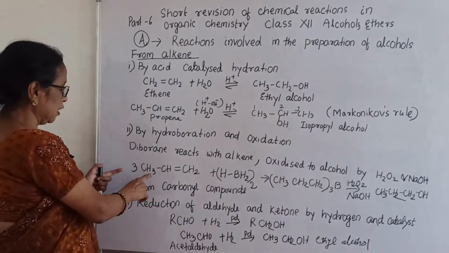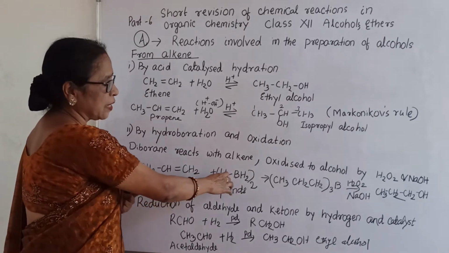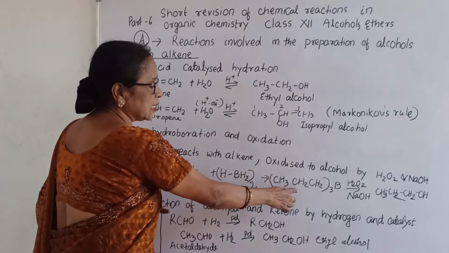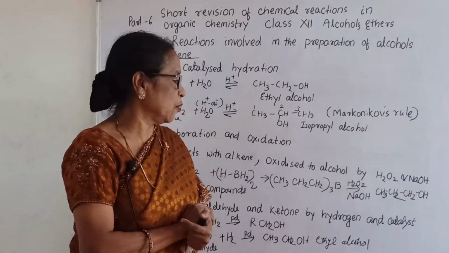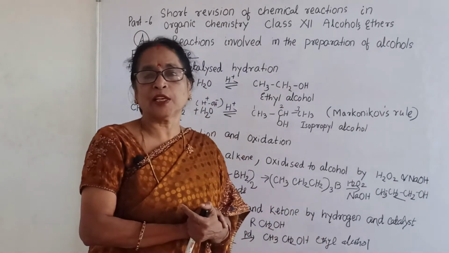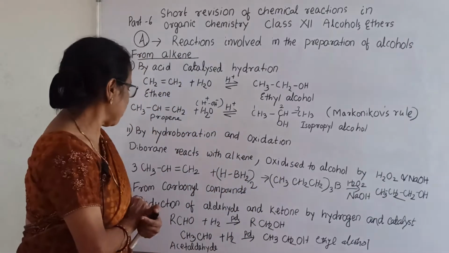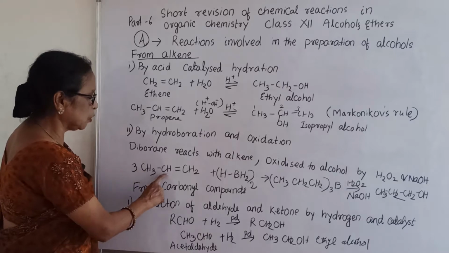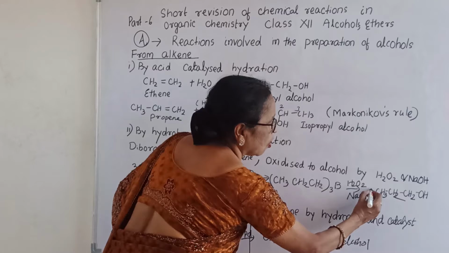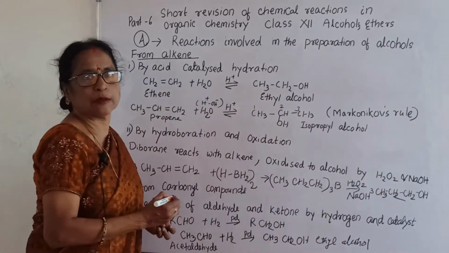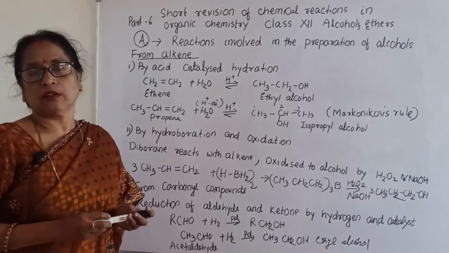Again, this is propene and this is the boron compound, and it reacts 3 times, so (CH3CH2CH2)3B with H2O2 and NaOH, in presence of NaOH and hydrogen peroxide, gives alcohol. According to the number of carbon atoms, how many carbon atoms? 1, 2, 3. That is why you are getting propyl alcohol, three times. You will get propyl alcohol, or you can say propanol.